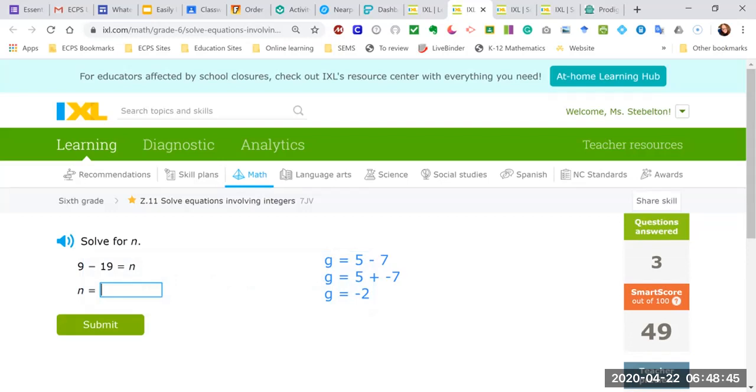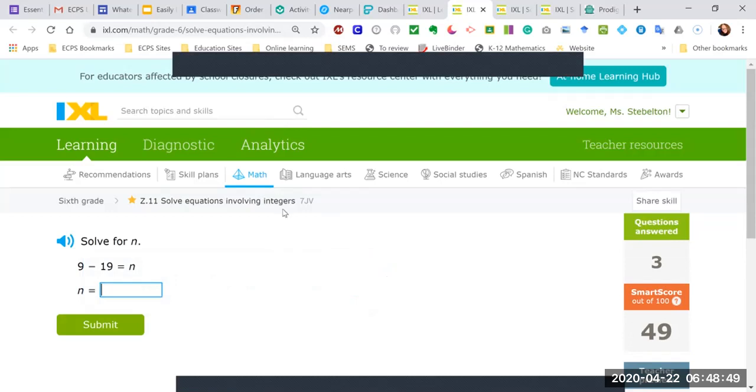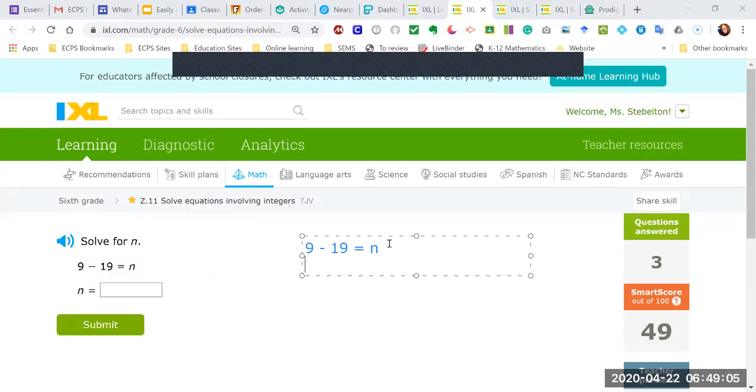Okay, this is very similar to what we just did. The letter is just on the opposite side. Whenever you see that, you solve it the same way as any other problem, because the variable is already by itself. To start this off, we're going to change it to an addition statement. So we're going to do keep, change, change again.